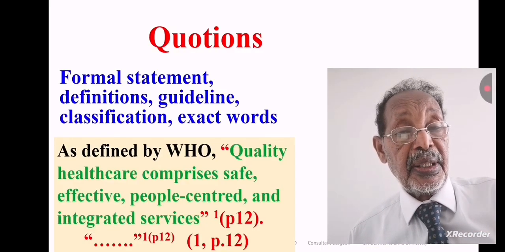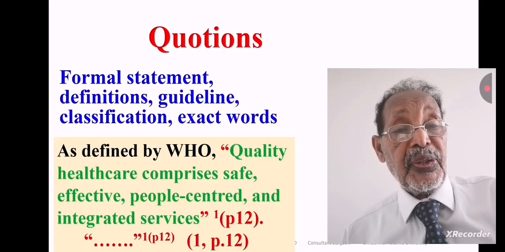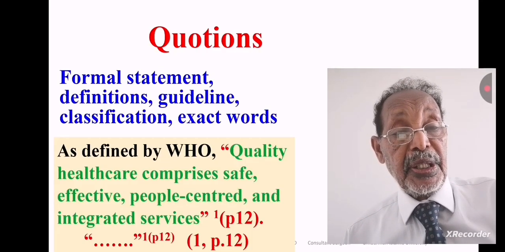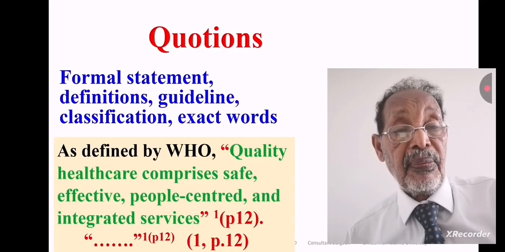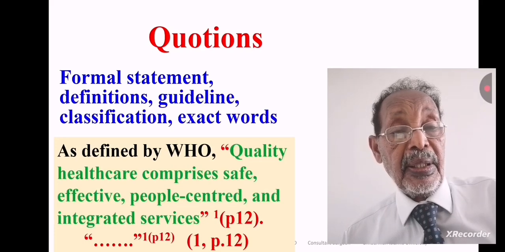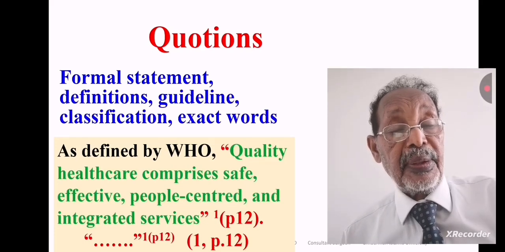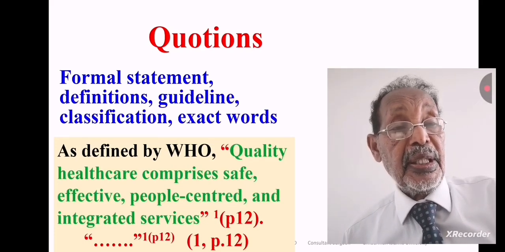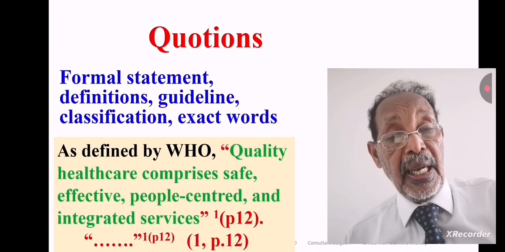And this is quality health service. Since this is a quotation, it is between quotation marks, these inverted commas, and following that we have written the citation number and the page number.